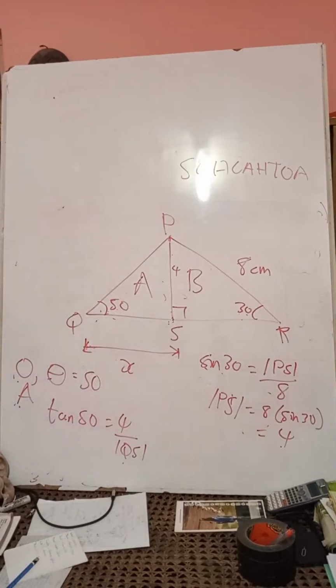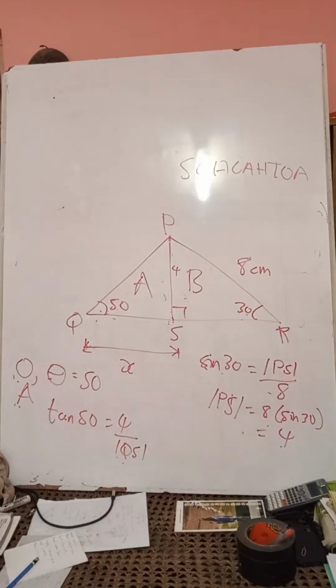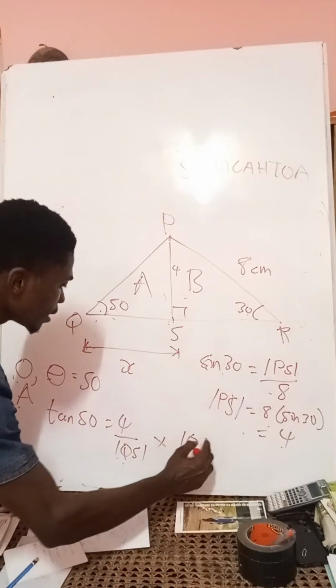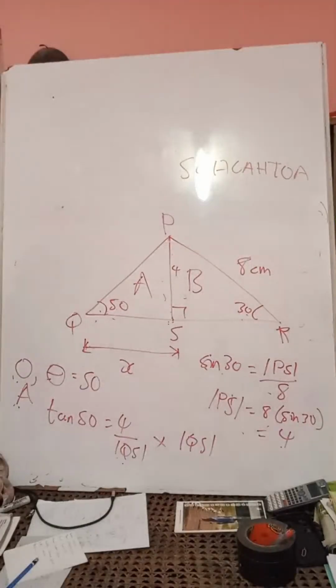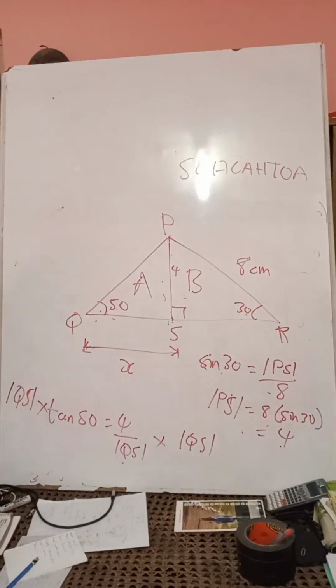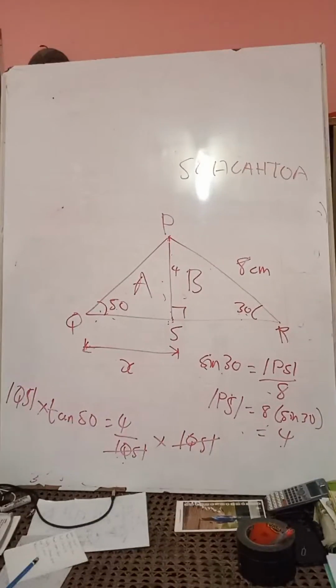For us to get this one, you have to make QS the subject by multiplying through by QS to cancel it. So we'll be having line QS here and then another line QS here, then times QS here. So this one will take off this one.